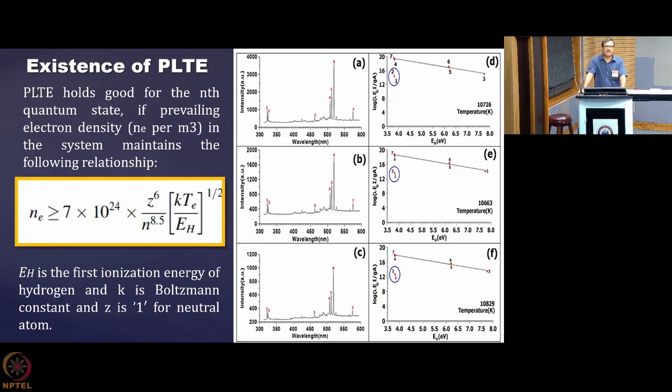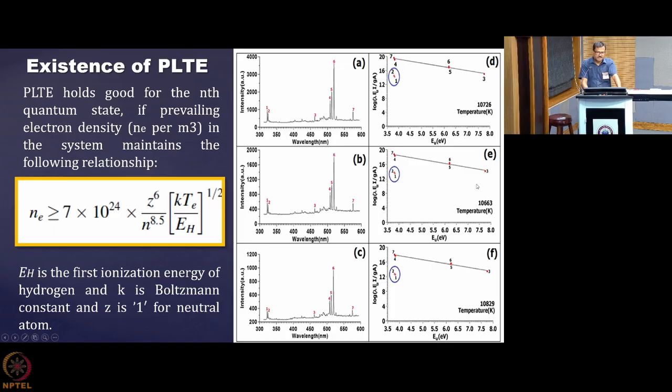As I told you, under partial local thermodynamic equilibrium, the upper lying states are populated as per the Boltzmann distribution, but not the lower lying states. So when you get the Boltzmann plot, it should be a linear plot, but when you go to transitions that involve the lower lying energy levels, many times they are not populated as per the Boltzmann distribution.